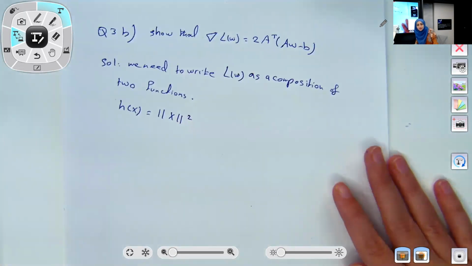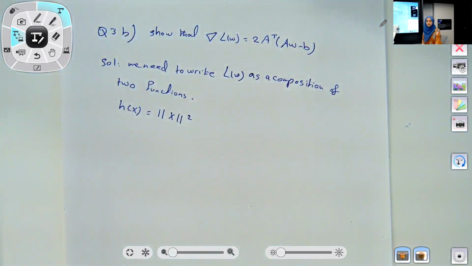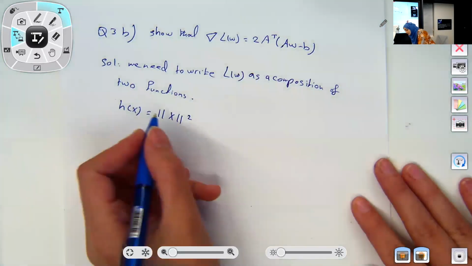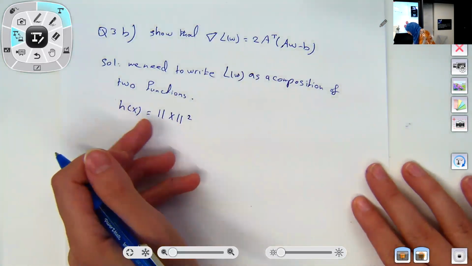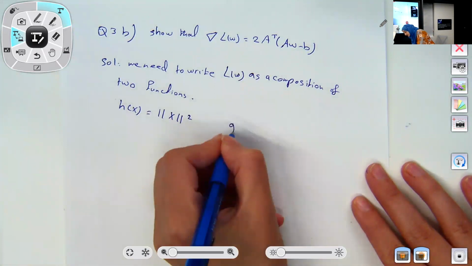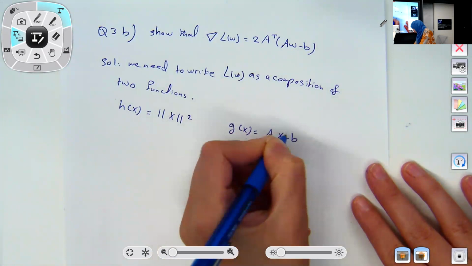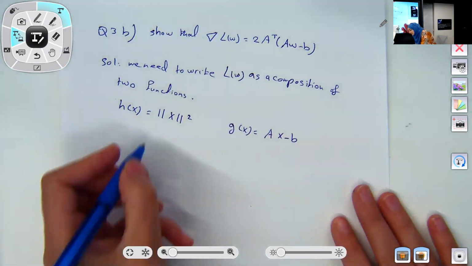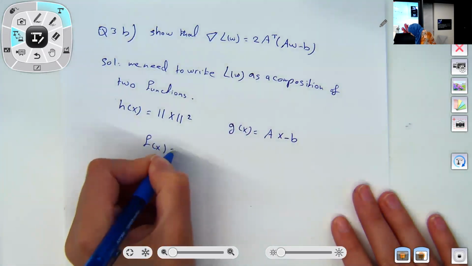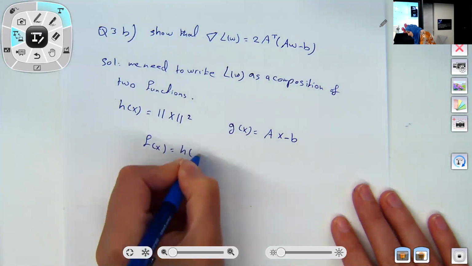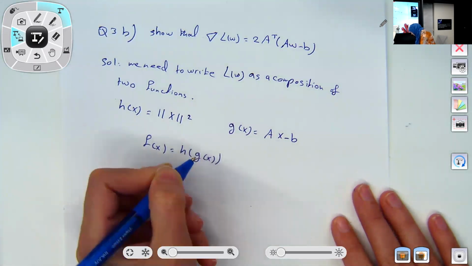Why do we need to do that? Because it's easier for us to find the derivative. And g of x equals Ax minus b. So we can write the function f of x, which equals h of g of x.